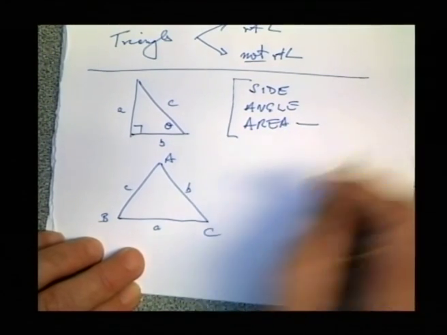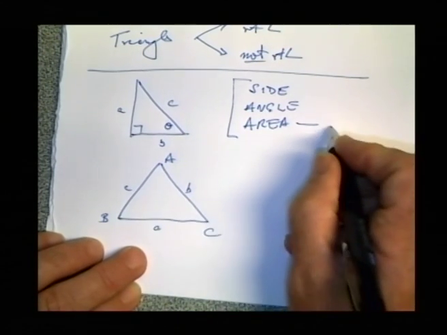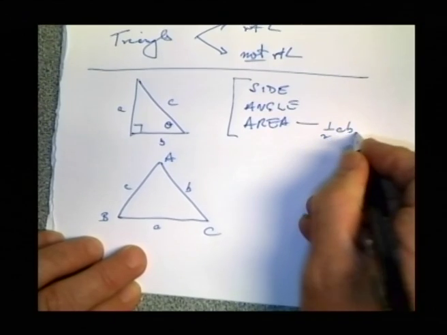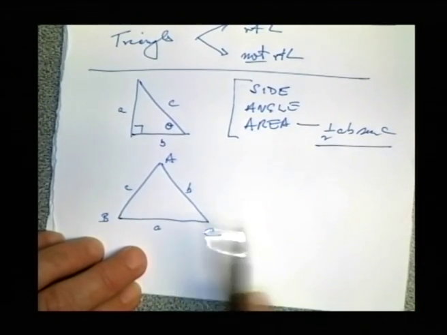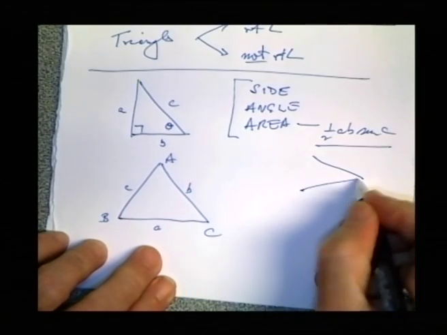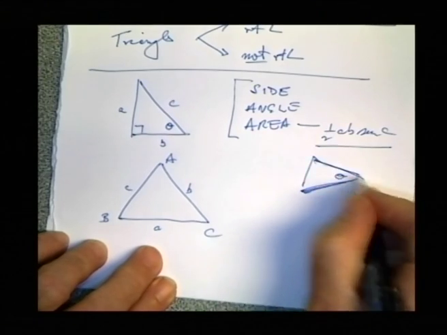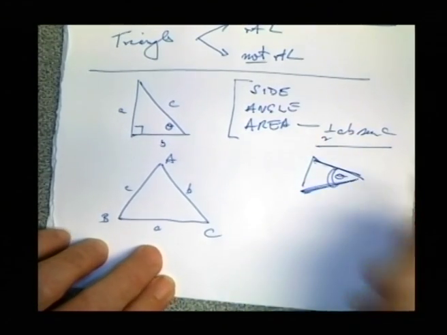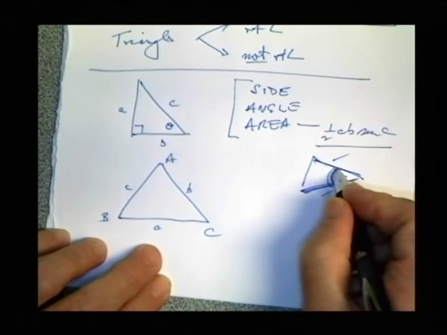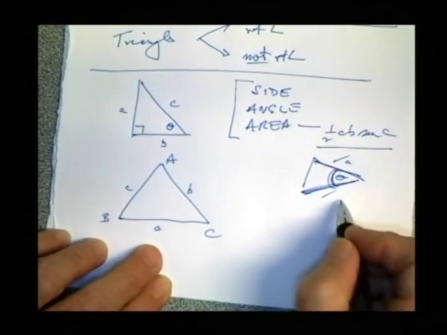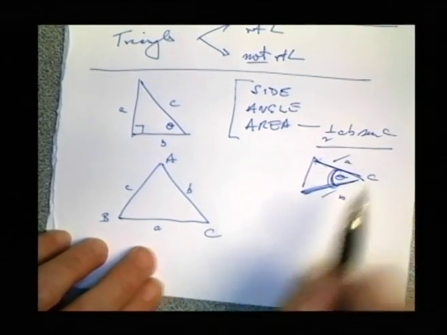First of all, the area of a non-right-angled triangle is put down as half ab sine C. Now, what that really means is if you're given an angle in a triangle, and you're given two sides, and that's an included angle. So when you look at the formula, you must know that side, and the angle. So this is half ab sine that angle there. What you look at is two sides and the included angle.